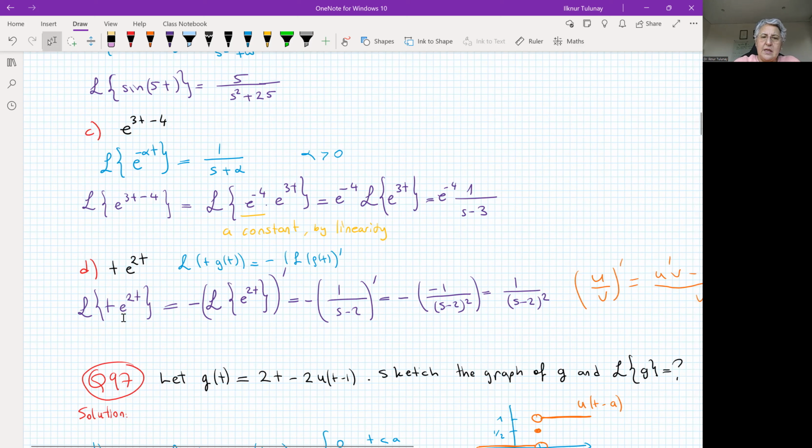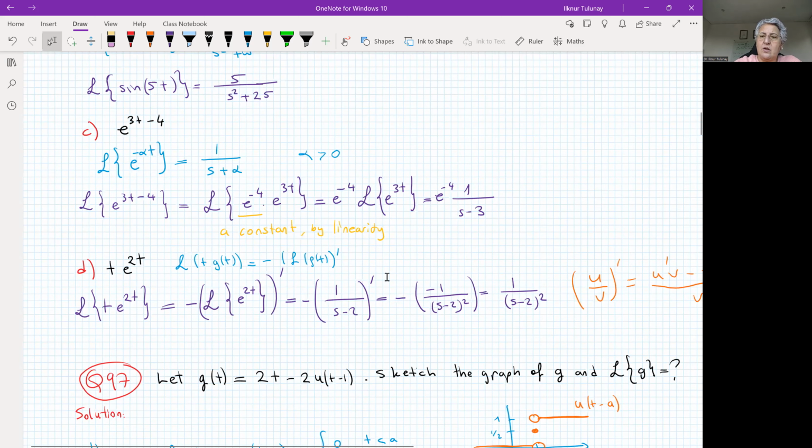So we have t, right? That's t. So g(t) for us is exponential 2t. The Laplace transform of exponential 2t we will calculate, then we will take the derivative, and the negative stays there. The Laplace transform of exponential 2t will be 1 over s minus 2. Now we are going to take the derivative.